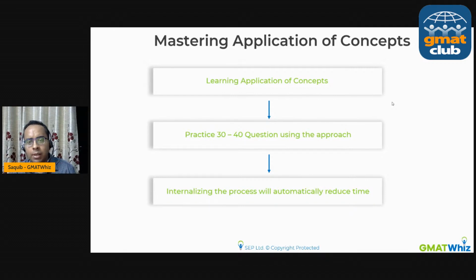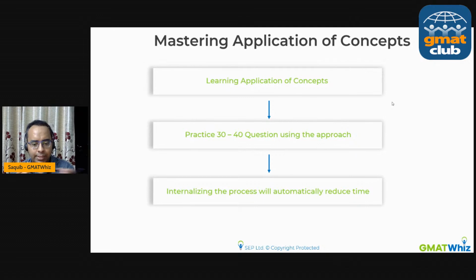I'm reading a CR question, since I know I have to figure out which part is the conclusion, which part is the premise, which part is the counter premise. Or if I'm doing an SC question, I have to make sure that I understand where's the subject, which one is the modifier, and if there's a list, I'm dealing with parallelism. You have to understand the different parts of the sentence, right? And the same goes for quant. If you're doing a word problem question, you need to be able to translate the question properly.